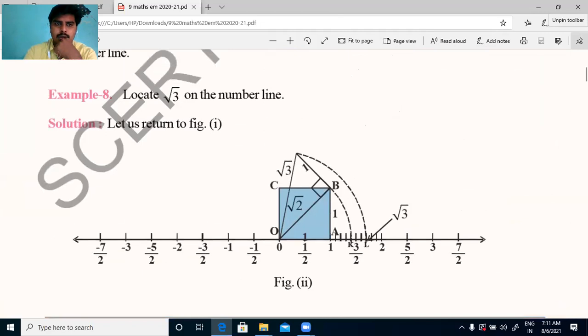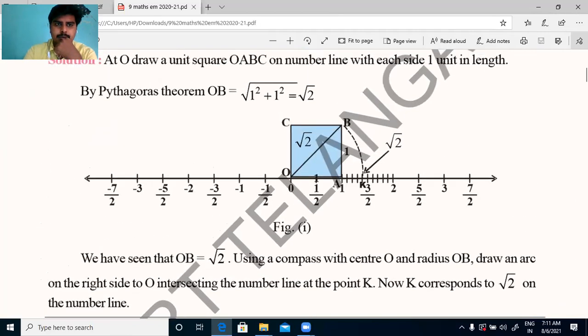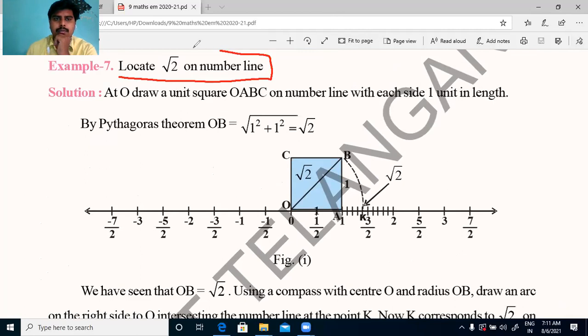See, Nana? Look at example number 7. Locate root 2 on the number line. See, just take a number line first like this. This is a number line.